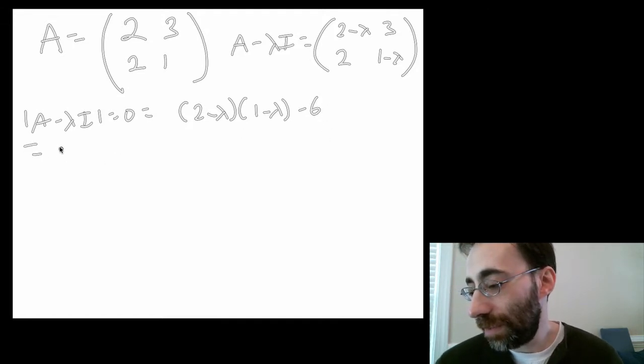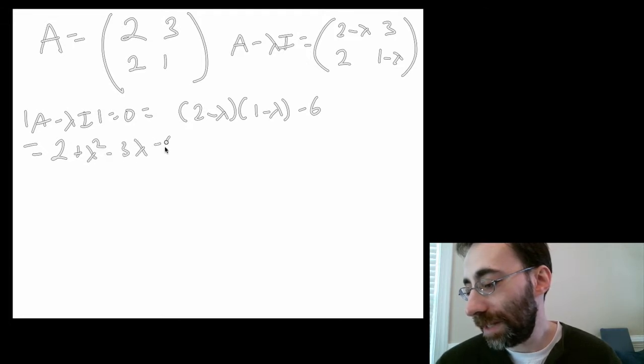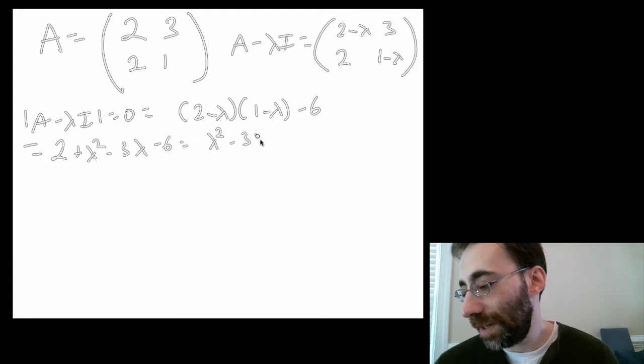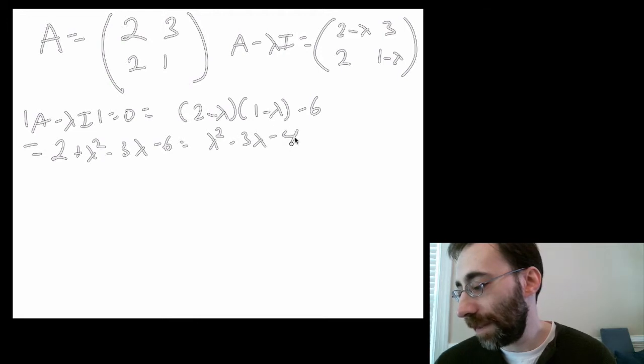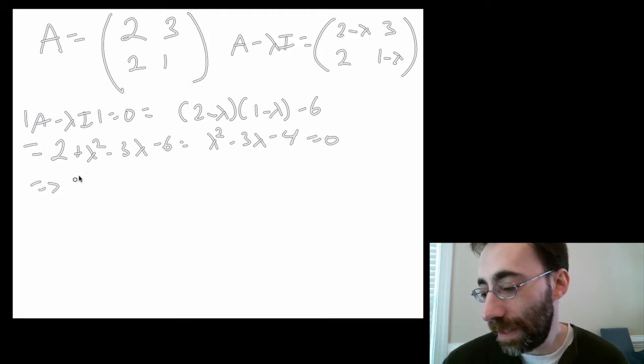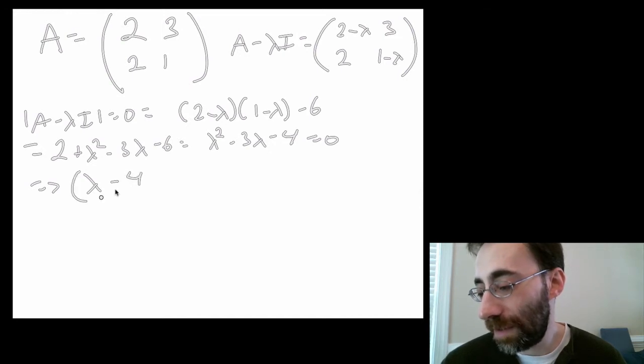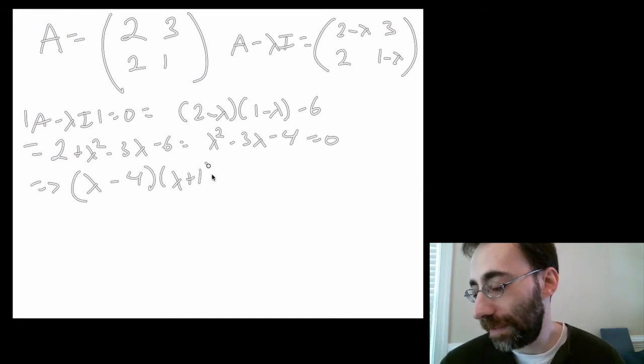This is going to equal lambda squared minus 3 lambda plus 2 minus 6, or lambda squared minus 3 lambda minus 4, equals 0. And that implies we can factor that to get lambda minus 4, lambda plus 1.